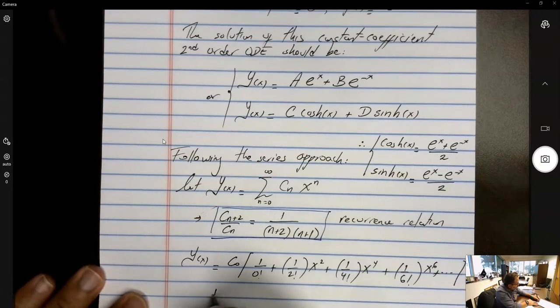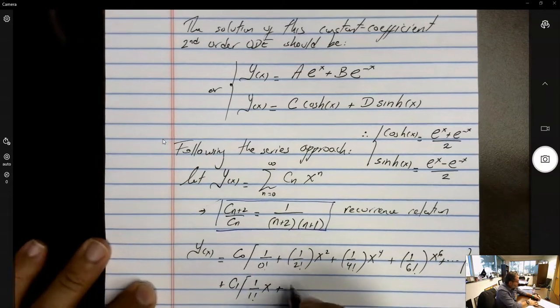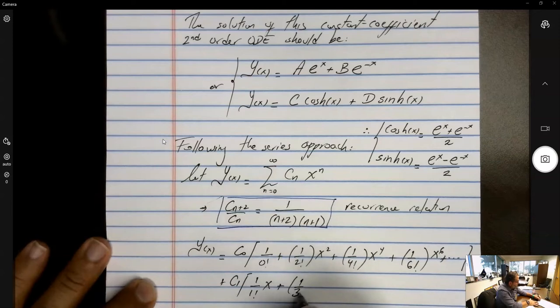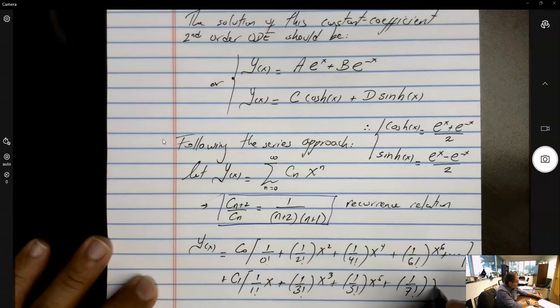And then all the odd terms is 1 over 1 factorial times x plus 1 over 3 factorial times x to the 3 plus 1 over 5 factorial times x to the 5 plus 1 over 7 factorial times x to the 7, and so on and so forth.